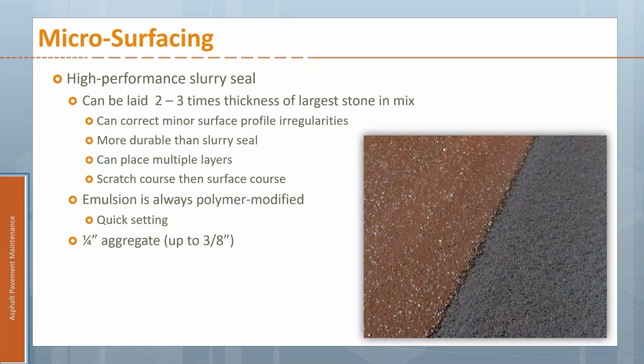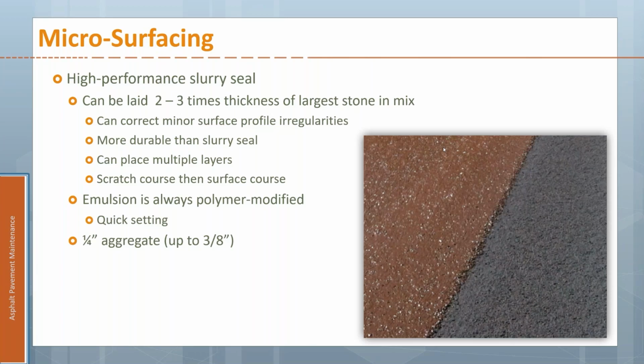This is something that's a little more substantial. It's a little bit thicker, and it has a little bit better capability of being able to correct some minor profile irregularities in the surface. So it's more durable than a slurry seal, and you can place this in multiple layers. A traditional slurry seal, 1 layer, that's the shot, you're done.